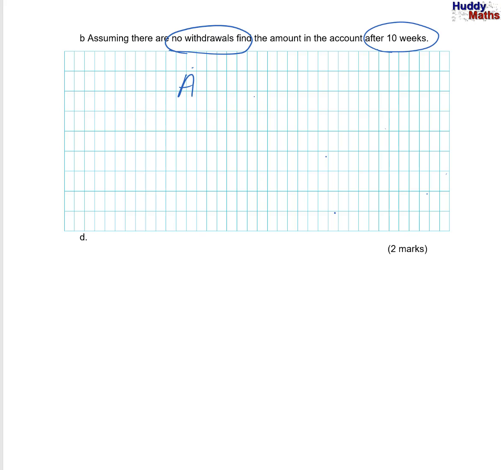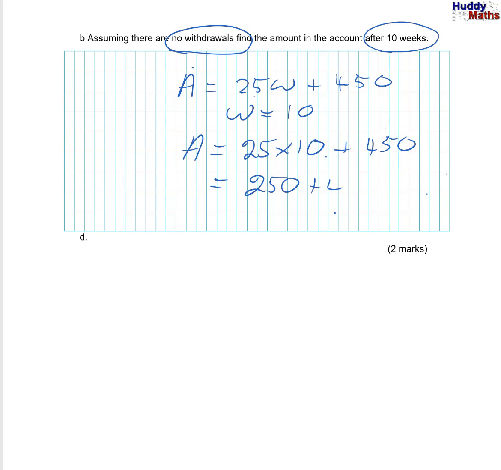So the amount is 25W plus the original 450. So if W is 10 weeks, then the amount in the account will be 10 lots of 25, or 25 times 10, plus 450. So it's 250 plus 450, which is $700.